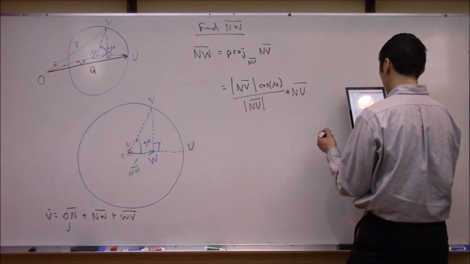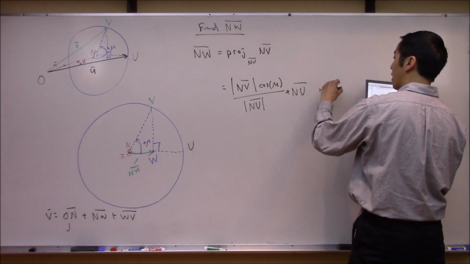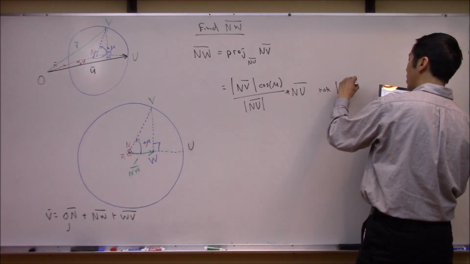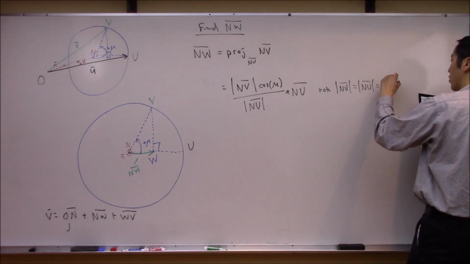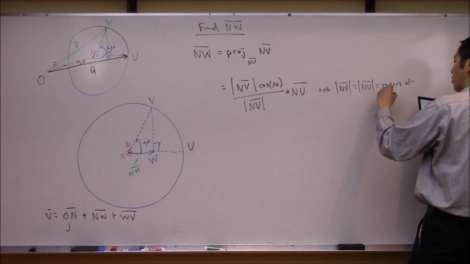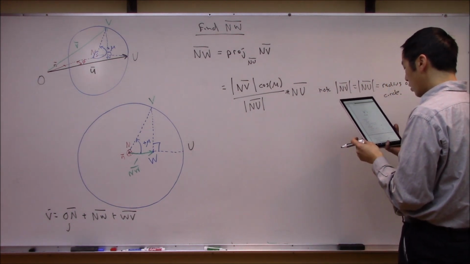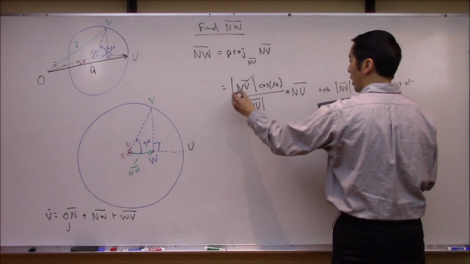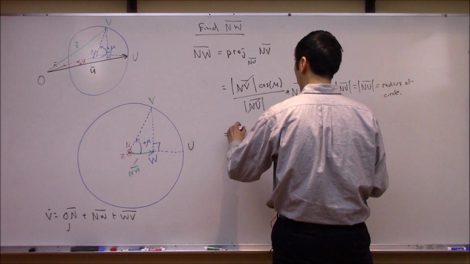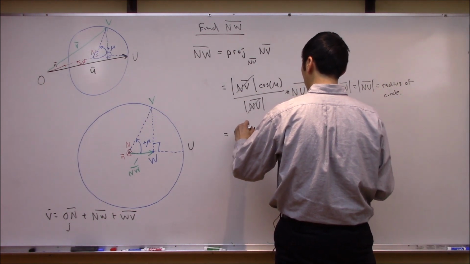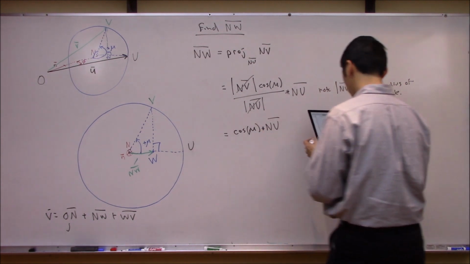So we can make a quick note here that magnitude of NV is equal to the magnitude of NU, both of these are equal to the radius of the circle, right? Okay, so these cancel out, right? So we end up with, let's write this down, this cleans up a little bit. We get cosine of mu times NU.